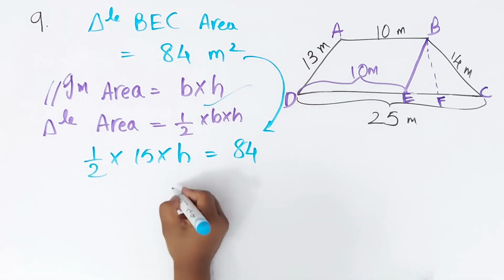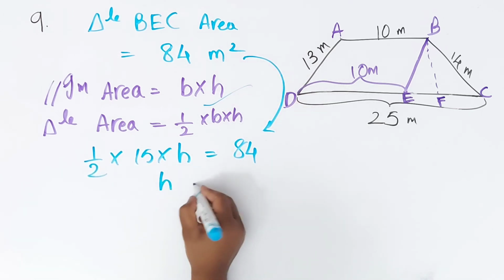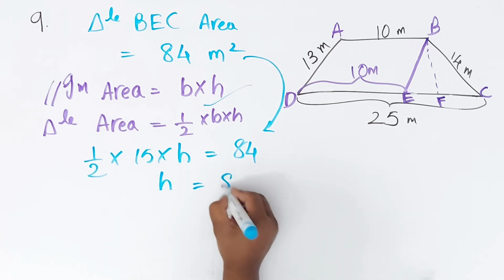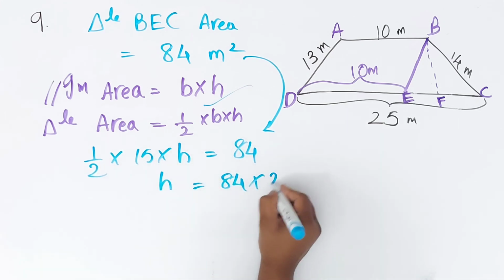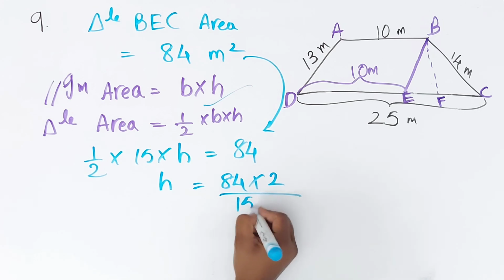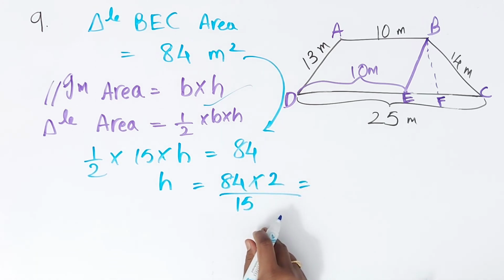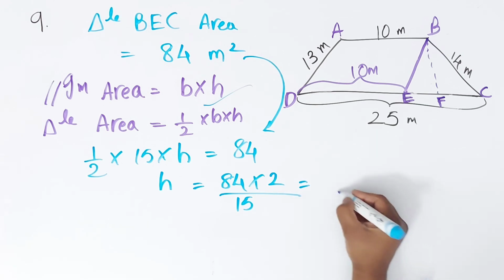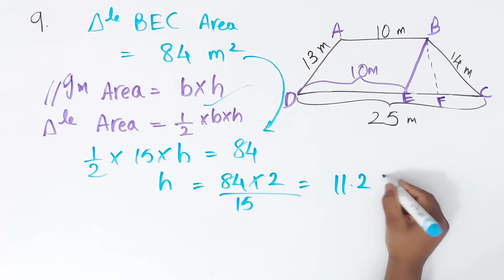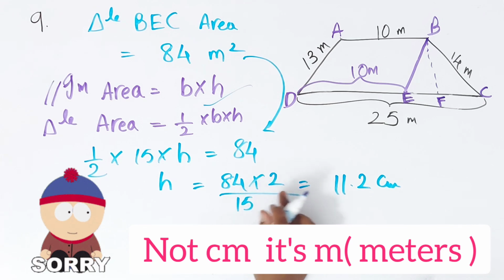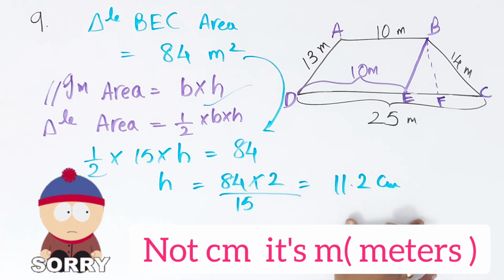Correct, children? Now we can find out the H value. H equals 84, this 2 will go here, divided by 15. Right, children? 84 into 2 divided by 15. So H value is 11.2 meters. 84 into 2 equals 168 divided by 15 equals 11.2.